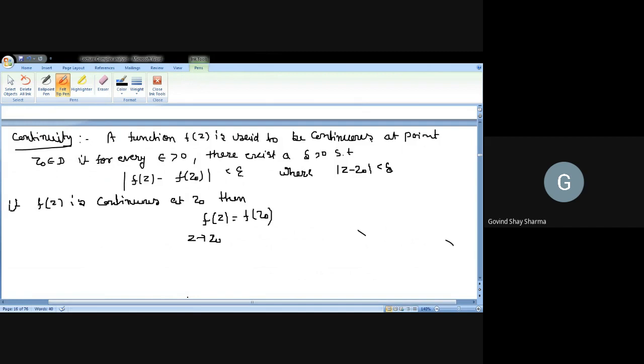This is the definition: a function f(z) is said to be continuous if |f(z) - f(z0)| is less than epsilon. Actually, this is the basic concept that the right hand limit and left hand limit are equal to the function value at that point.